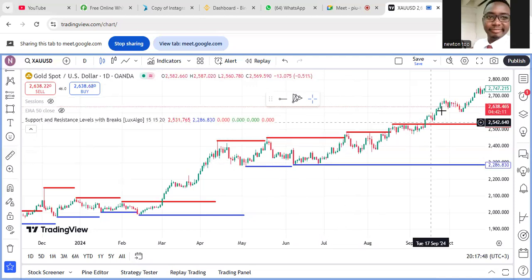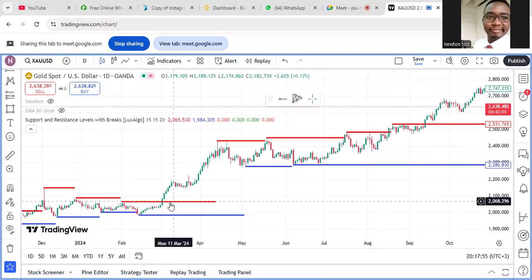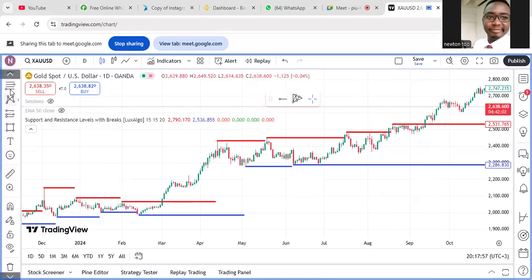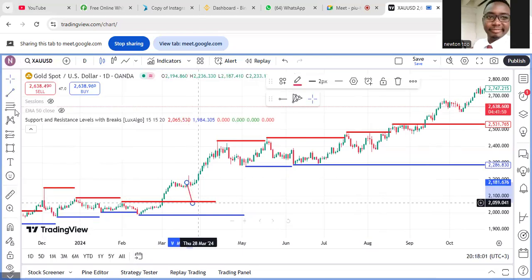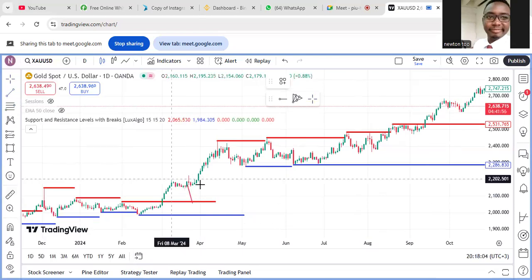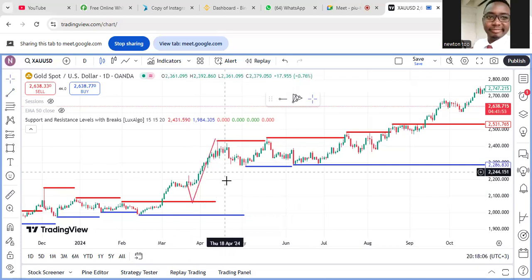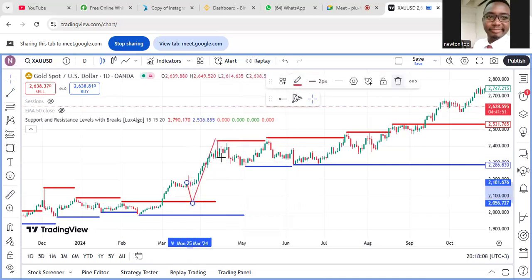Here it broke, and here we were expecting a retest, then up. But the market didn't test. So here we had no trade.